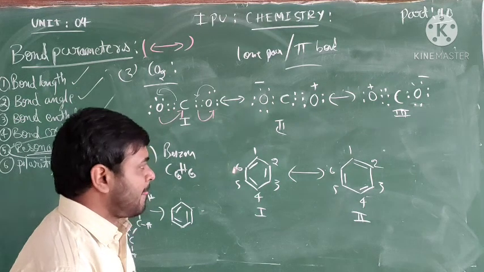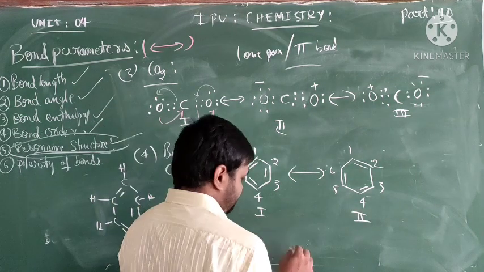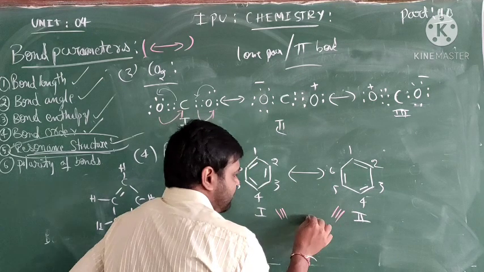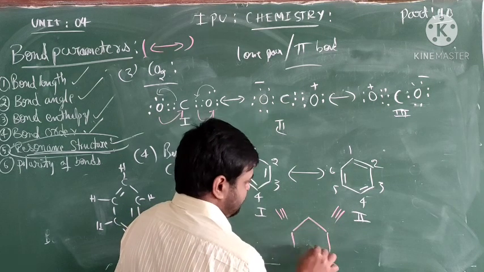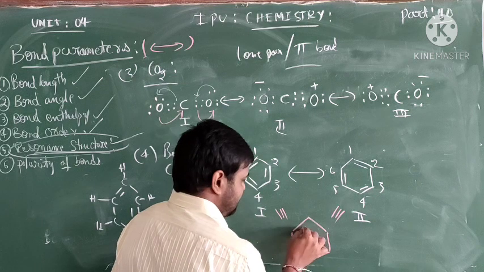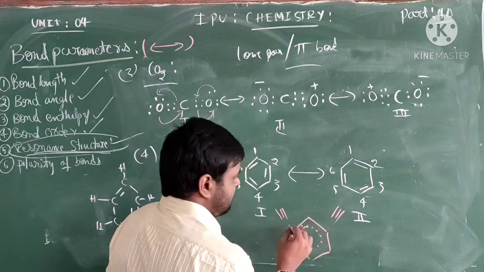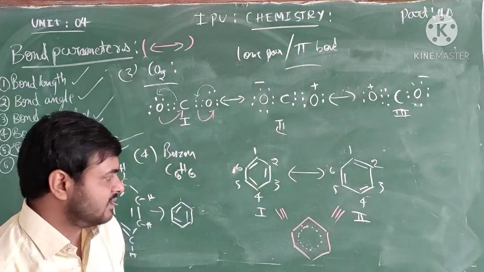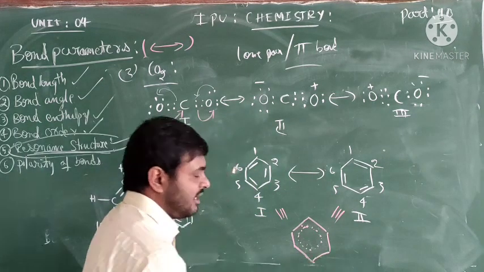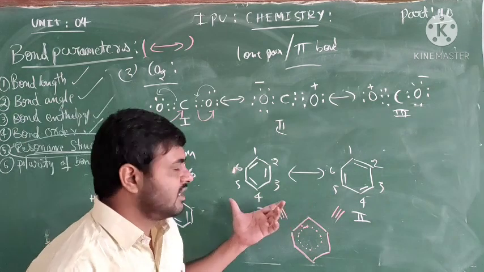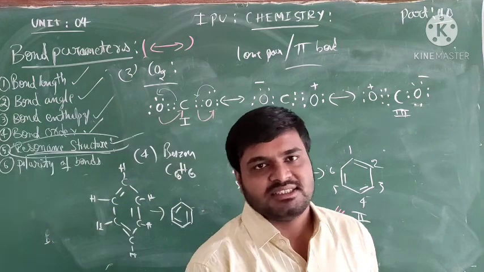So what about the resonance hybrid? The resonance hybrid, we write like this. Okay, say the resonance hybrid of benzene structure. Okay, benzene will give two canonical forms of structures.